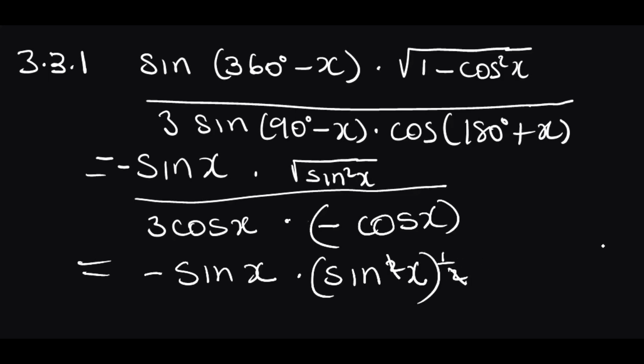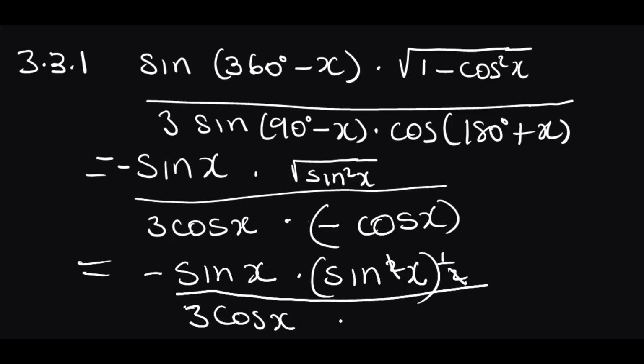These 2 and these 2 will divide each other. Right. All over 3 cos x times negative cos x.